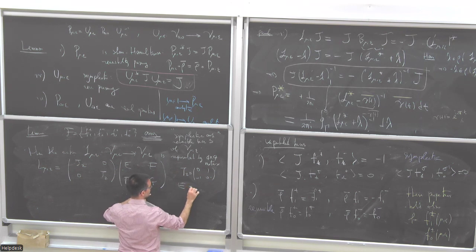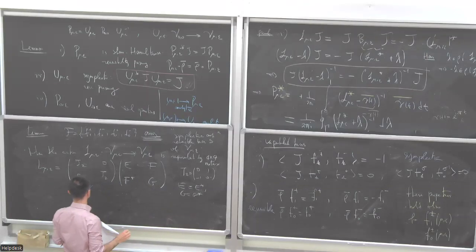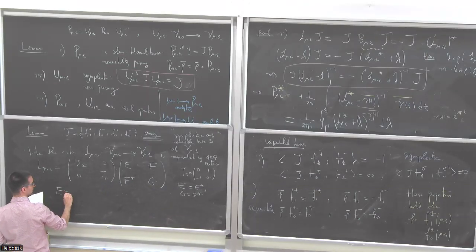E is self-adjoint. G is self-adjoint. And moreover, E is given by what?